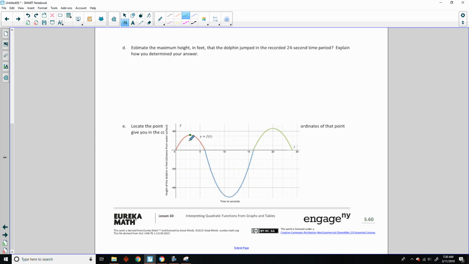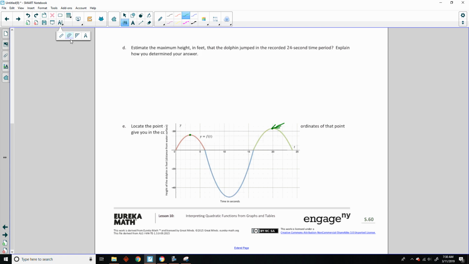I don't know if that's been discussed yet. But that is not the absolute maximum because this point here is higher. So it jumped, swam underwater, came back, jumped even higher than the last time. So this is our highest point during the whole interval from 0 to 24.